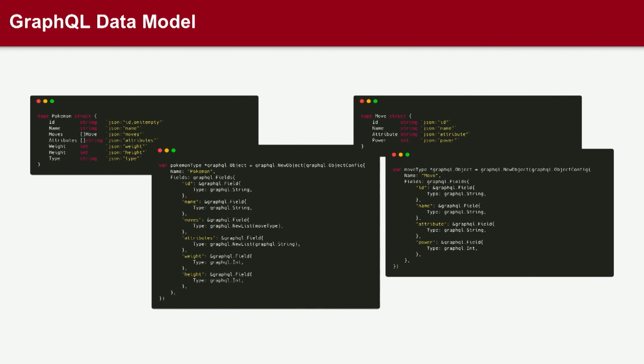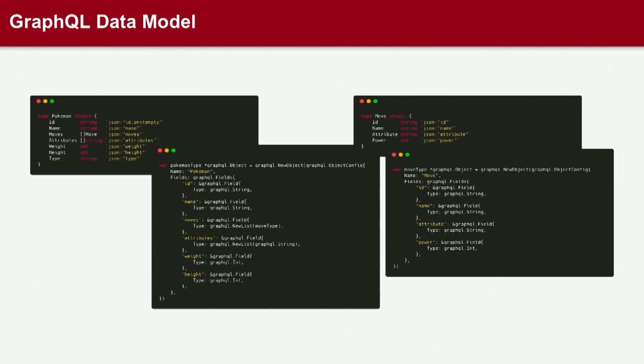In the case of a new list, that would be the same as a slice. So a new list of, say, move type, which is in turn the GraphQL object as well, which relates to the native Go data structure. They're connected through the JSON annotations that you assign your native Go data structure.